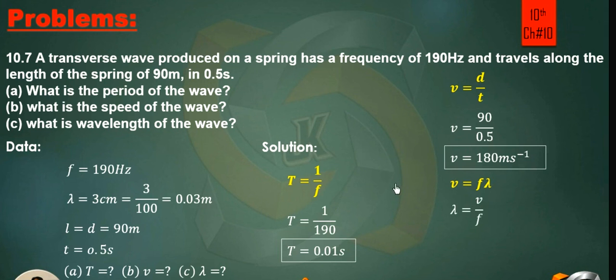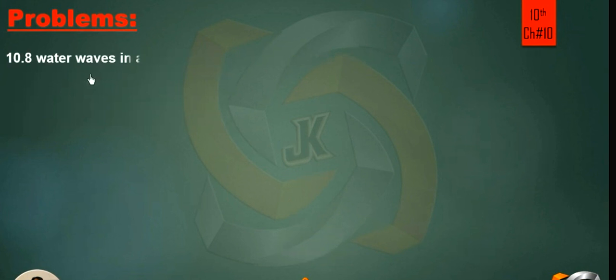Now substituting the value of v and f, lambda equals 180 over 190. We will get 0 point something, because 180 is a smaller value and 190 is a larger value. So you can see the answer, that is 0.05 meters.